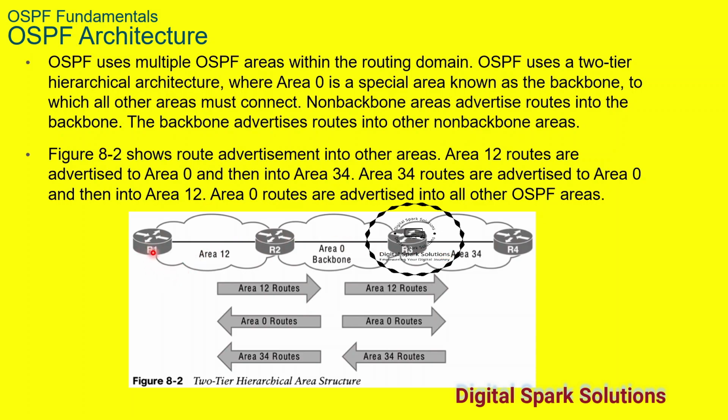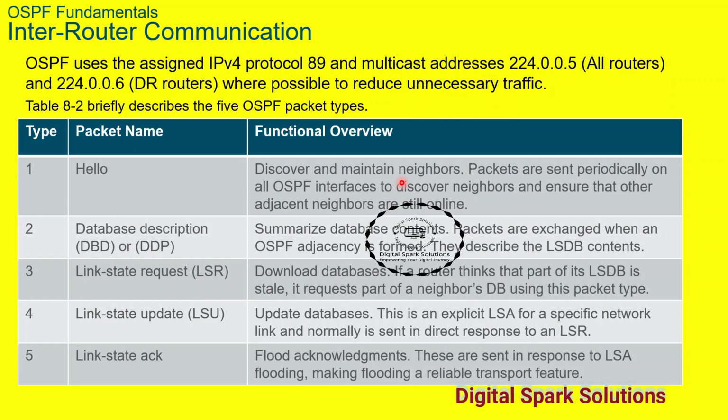So area 12 will advertise to the backbone area, and from backbone area 0, these will be advertised in area 34. Similarly, area 34 will be advertised to area 0, and then to area 12. And area 0 routes are all advertised to other OSPF areas.